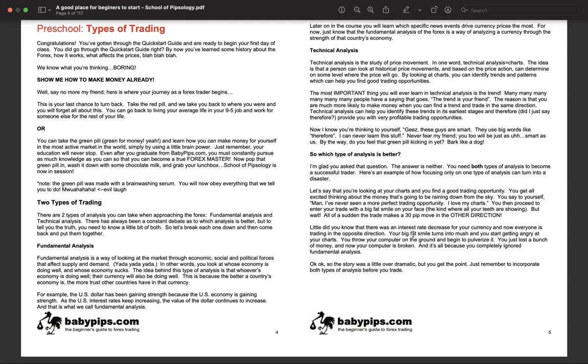Usually, people who trade using technical analysis don't care about what is happening in the news. For them, it's what are the candles telling me? So before they execute any trade, they look at their charts. Okay, so those are the two types of trading that we have there.